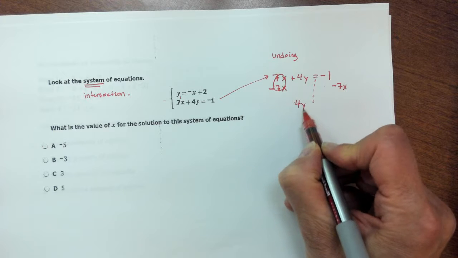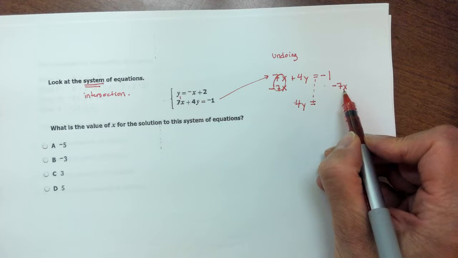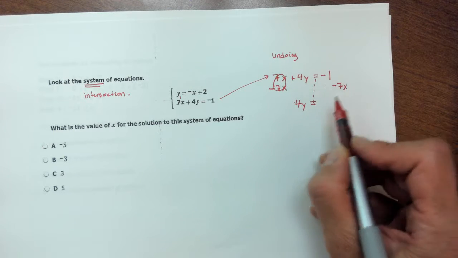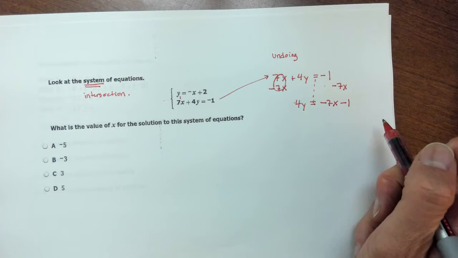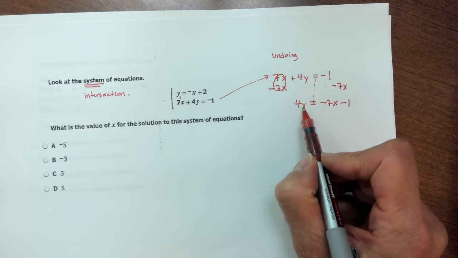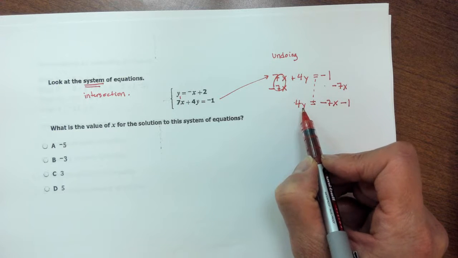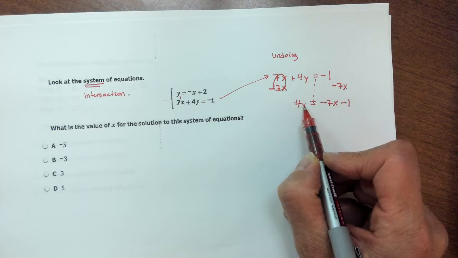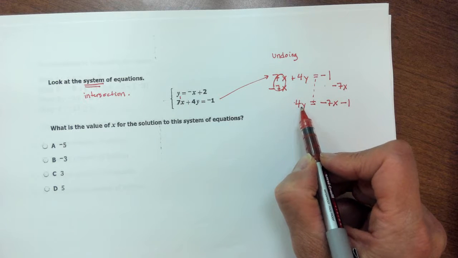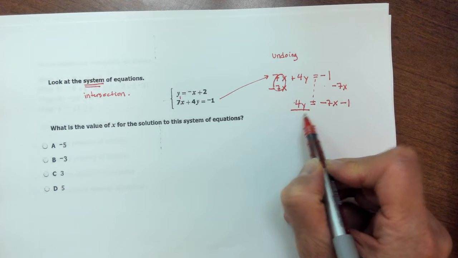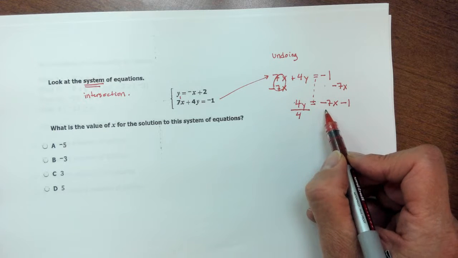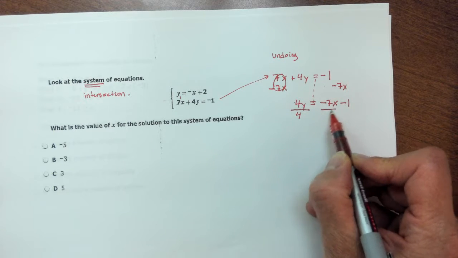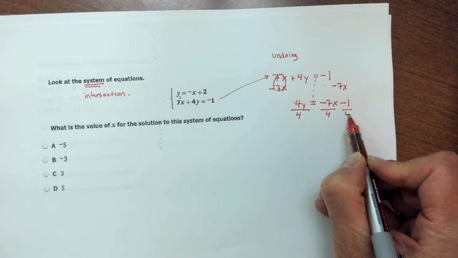Then I have 4y equals, just by convention, I like putting my x terms first, negative 7x minus 1. I don't want 4y, I want 1y. 4 times y, so I have to untimes. So to untimes, I'm going to divide. So I'm going to divide everything by 4.